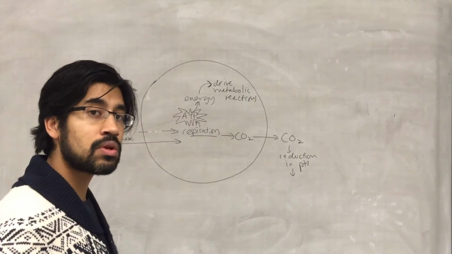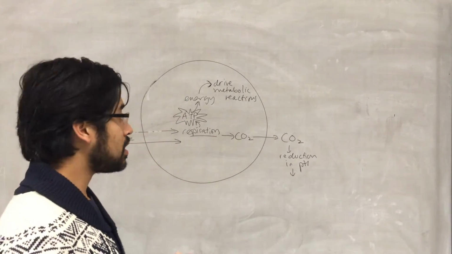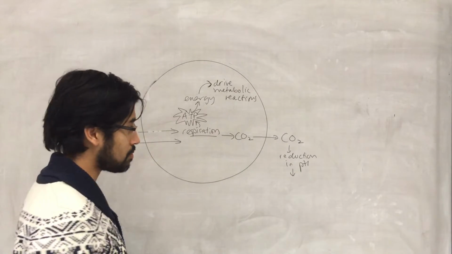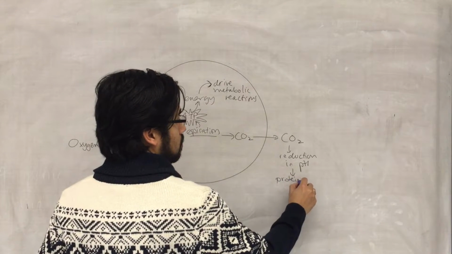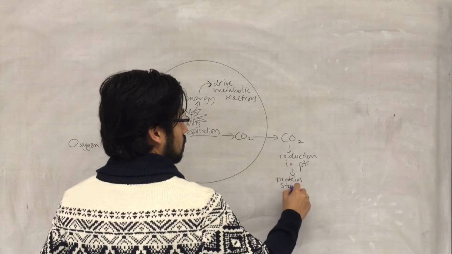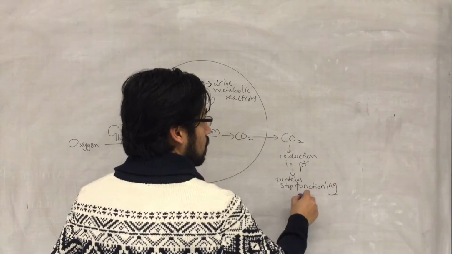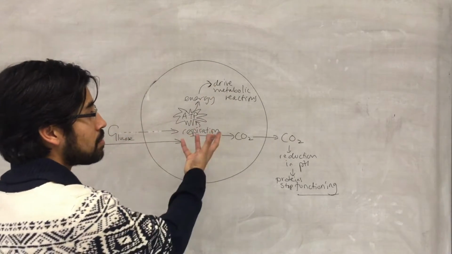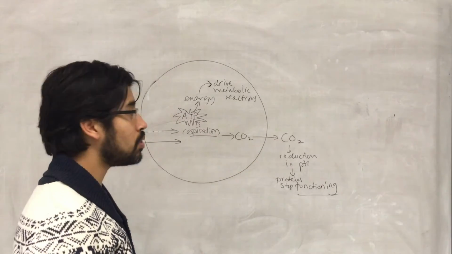Because if you reduce the pH too low, it will become highly acidic, and in a highly acidic environment, the proteins will stop functioning. And essentially all those metabolic reactions that are driven by enzymes will stop because enzymes are proteins, they can't work anymore.